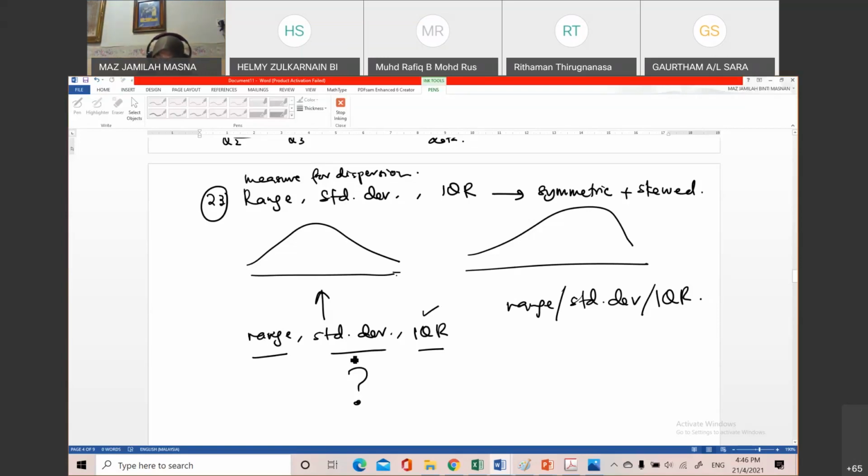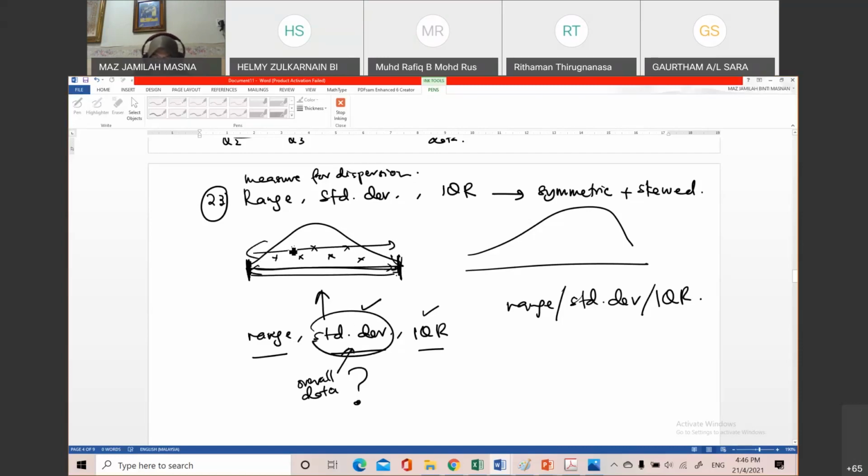If you're talking about overall data, standard deviation is the best because standard deviation will calculate the dispersion from the minimum value to the maximum value, taking into account every single data point in your data set without miss. So standard deviation is the best to measure the dispersion of your data from here to here.